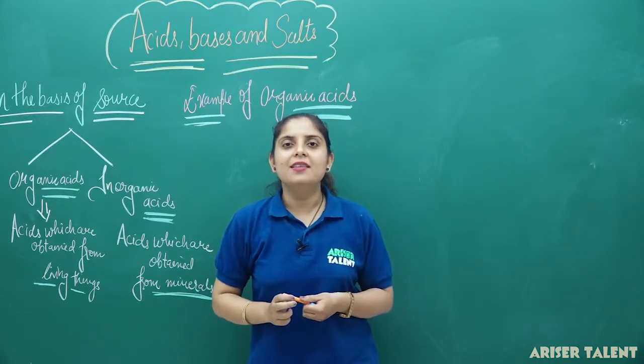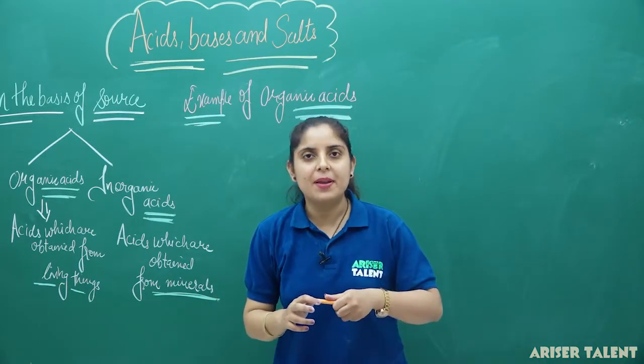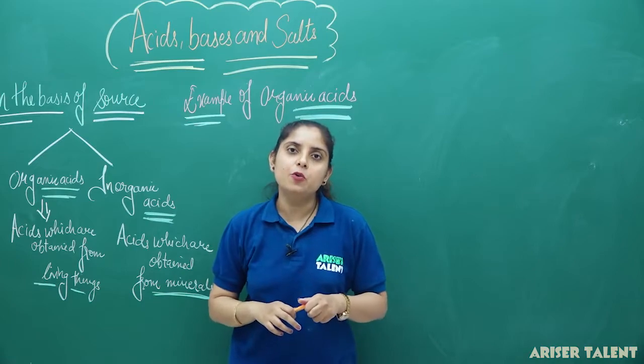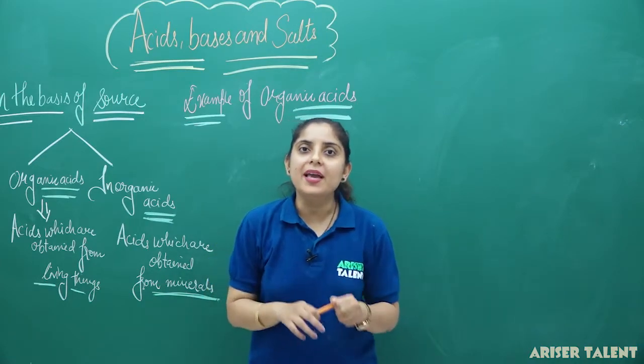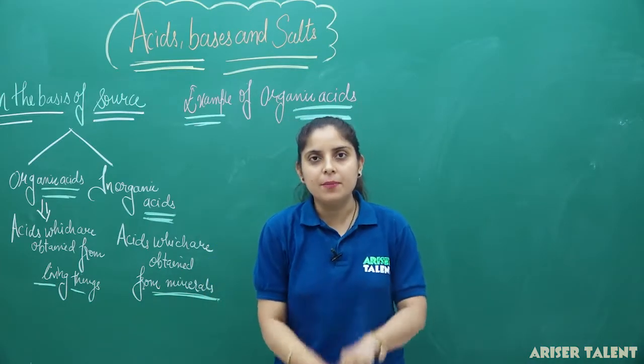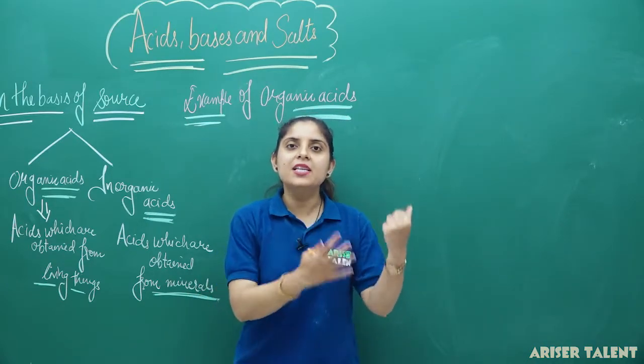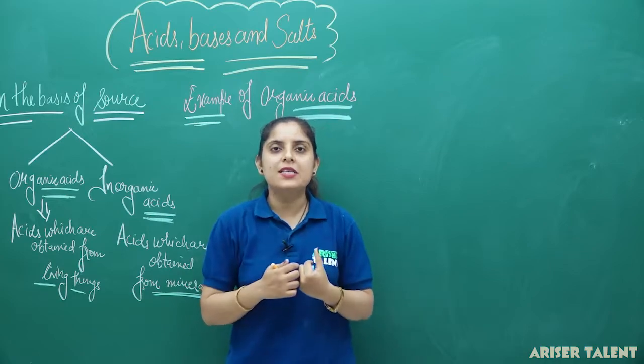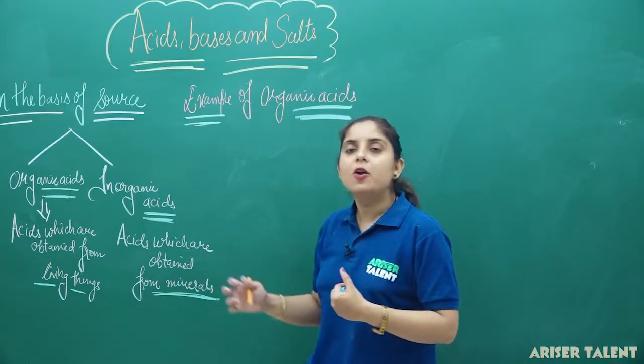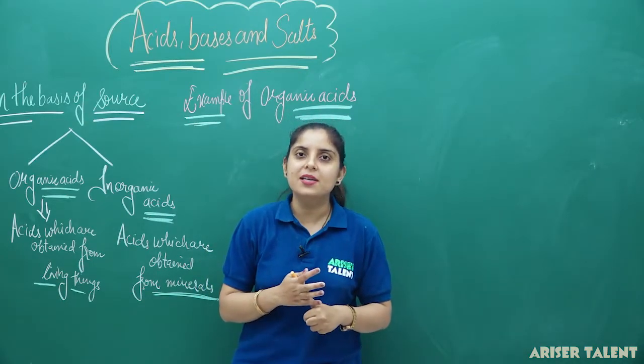You have seen that the sting of a bee also consists of some acid, and that acid is particularly known as formic acid. So, formic acid we are obtaining from the sting of a bee, and you can see that a bee is a living thing. So, the things you are obtaining from the living sources are organic ones, and those that we are obtaining from the minerals are known as the inorganic ones.